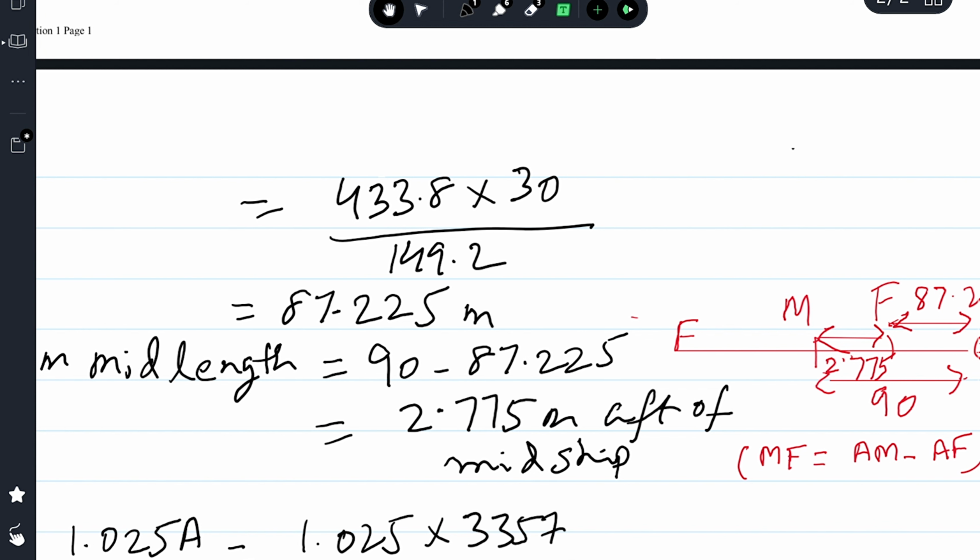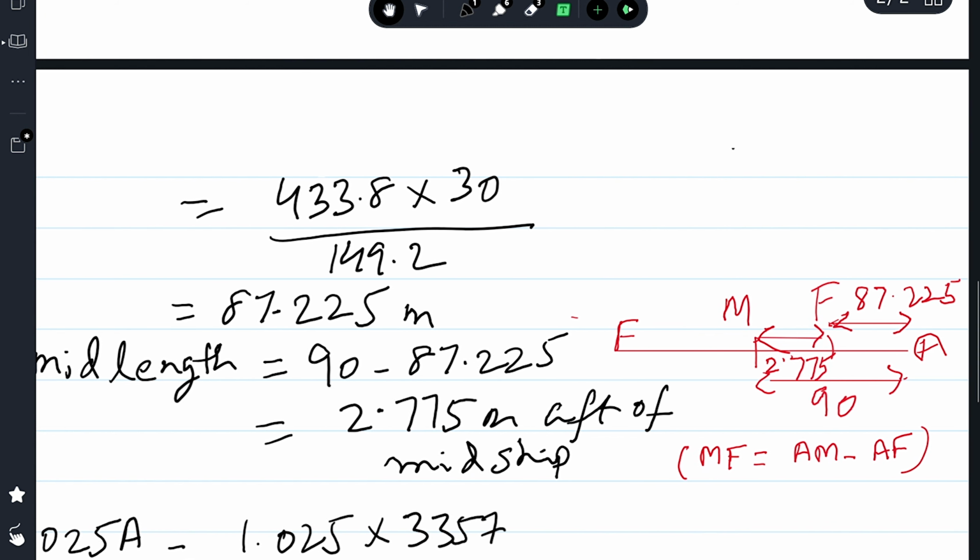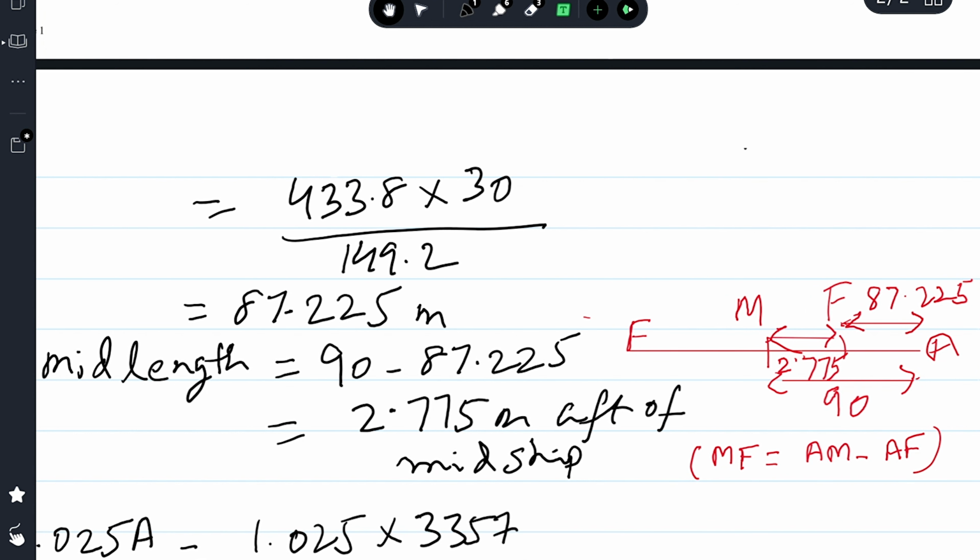They are asking from mid length. It's easy. See, if this is the complete length from forward to aft, you mark the midship M, which will be 90 meters from aft. Complete length is 180. Midship length is 90 meters from aft.